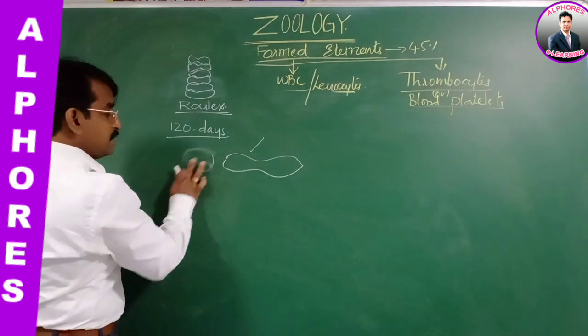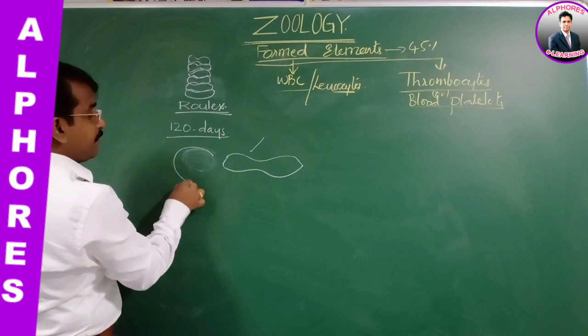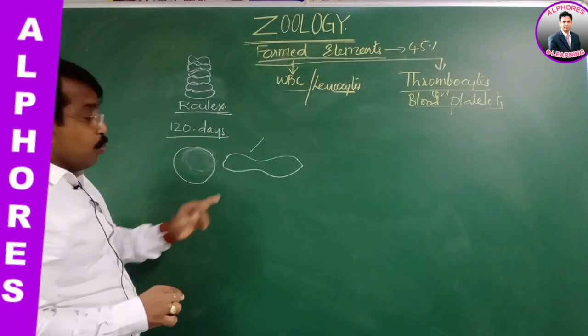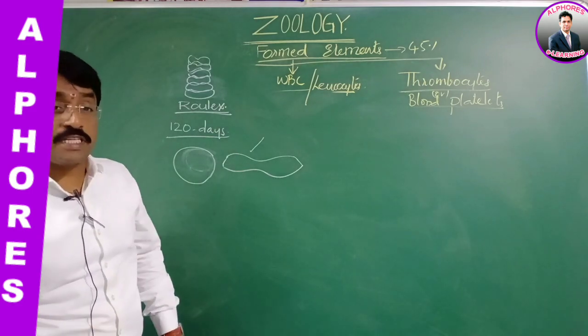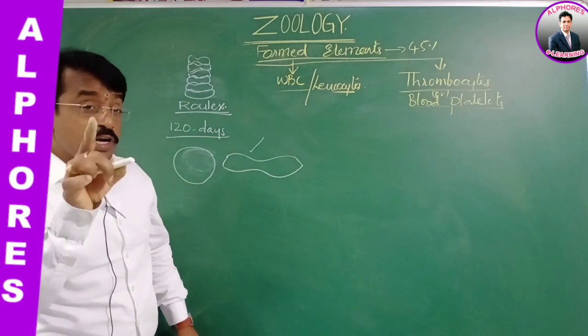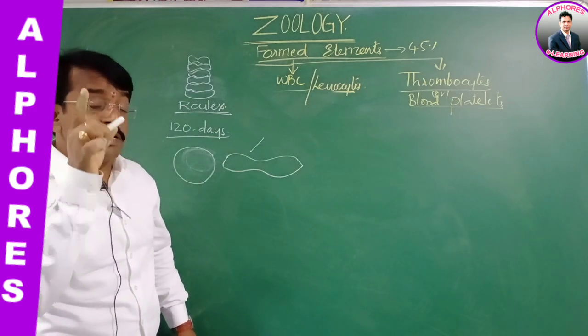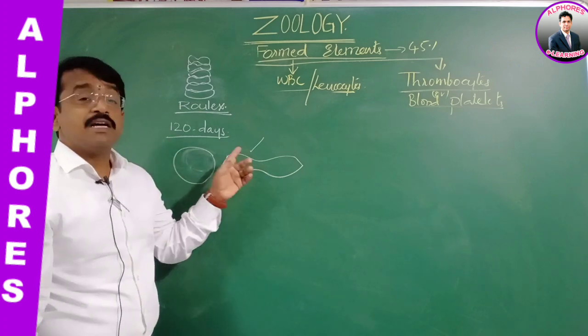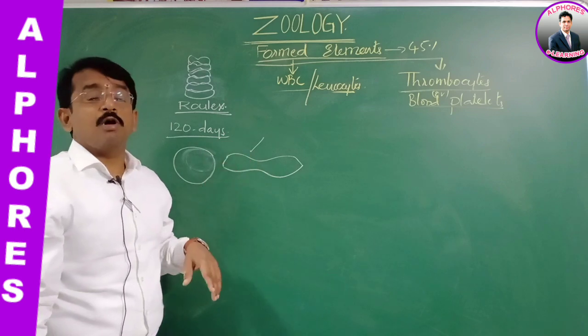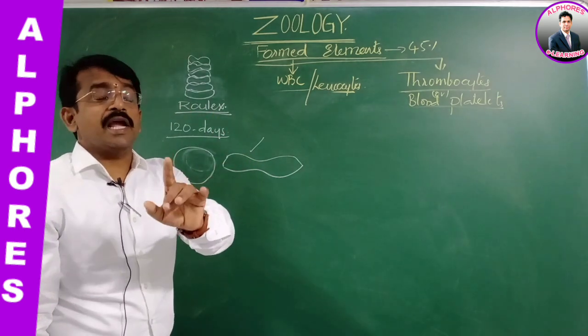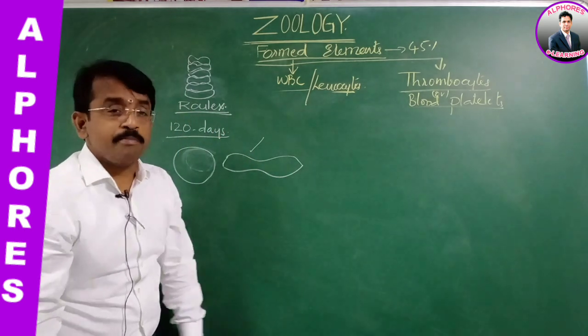Even when the circle's size is increased, making it biconcave gives a larger surface area. So the enucleate and biconcave nature increases the surface area of the RBC for oxygen. That's the reason why it is biconcave. So biconcave and enucleated is an adaptation.